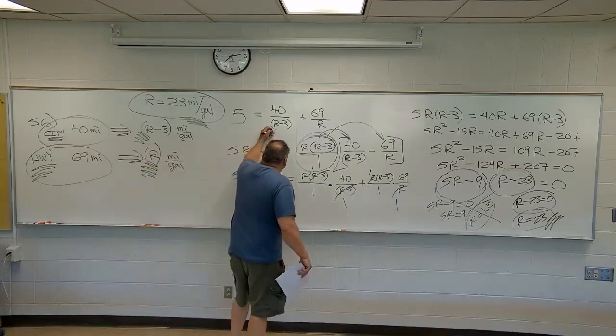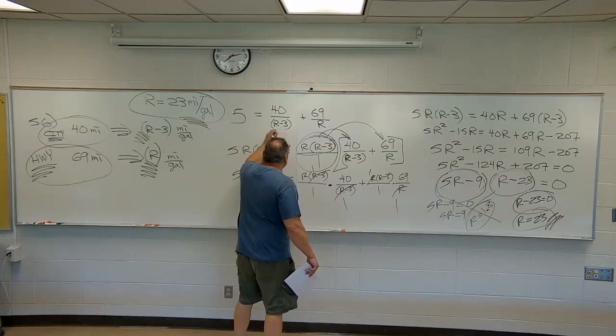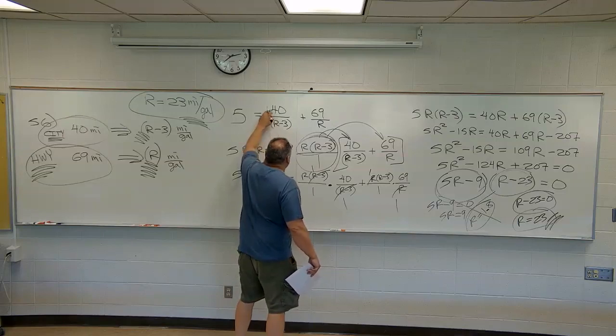Check this out. Put 23 in for R. We're talking about the city though. If R is 23, what's 23 minus 3? 20. What's 40 divided by 20? 20 miles per gallon into 40 miles, 2 gallons are used.